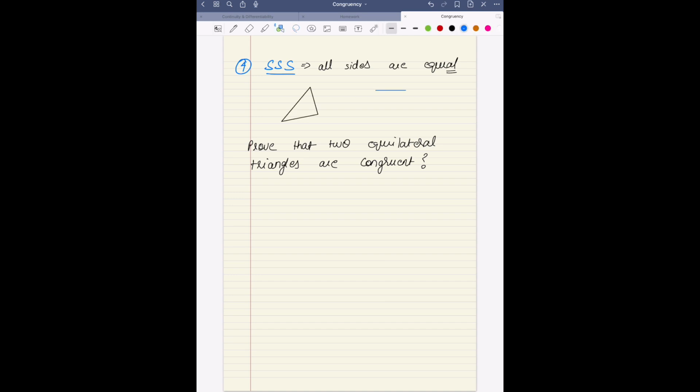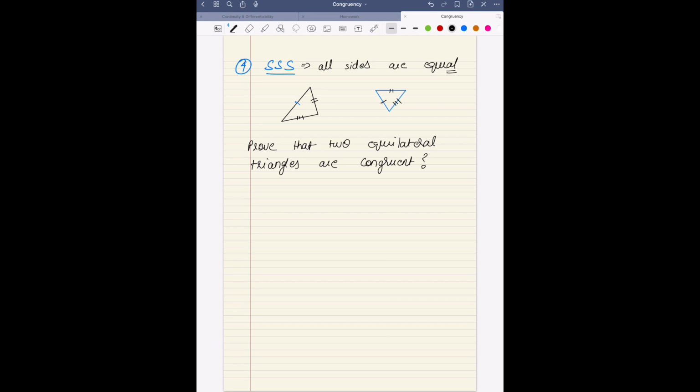It simply means that one side is equal, the other side is equal, and the third side is also equal. So in short, all three corresponding sides will be equal. Best example is prove that two equilateral triangles are congruent.